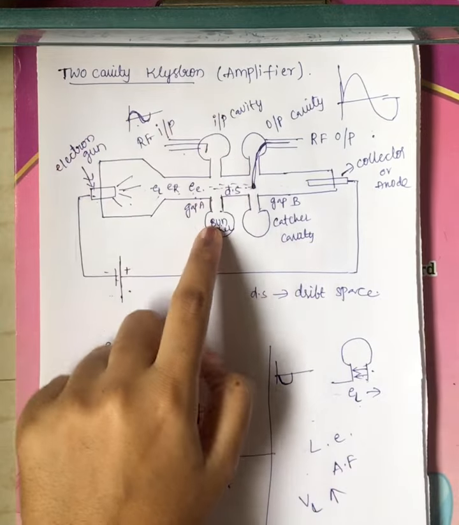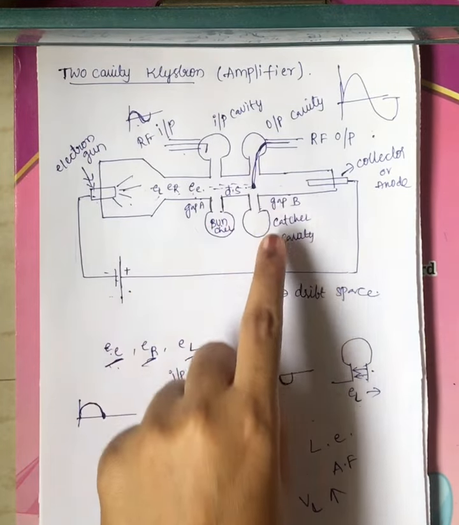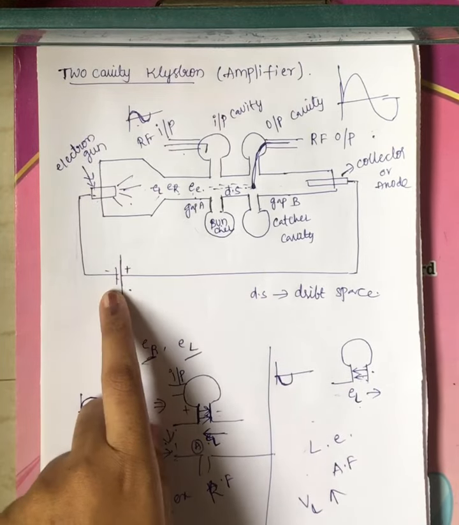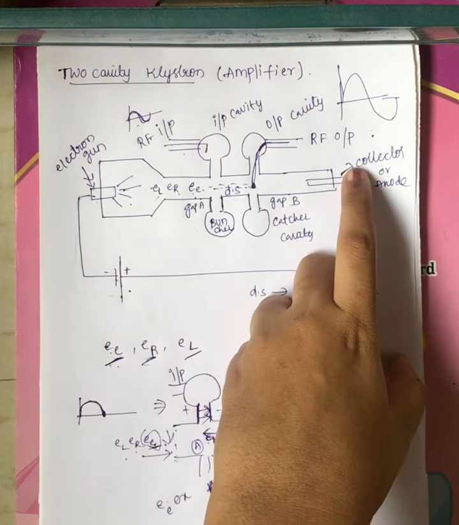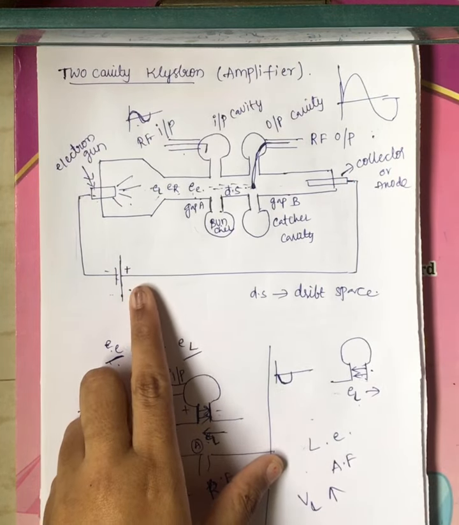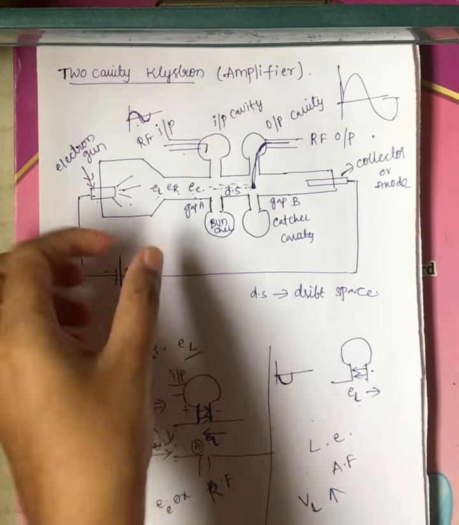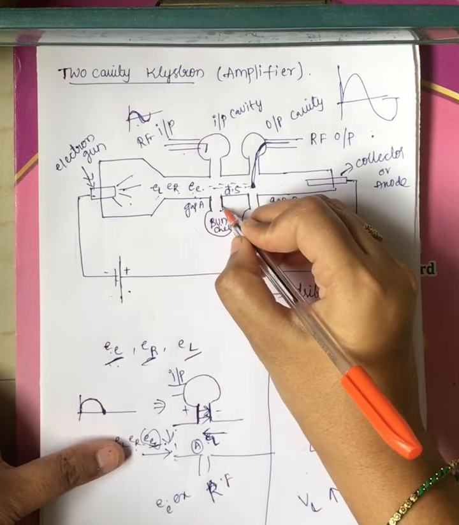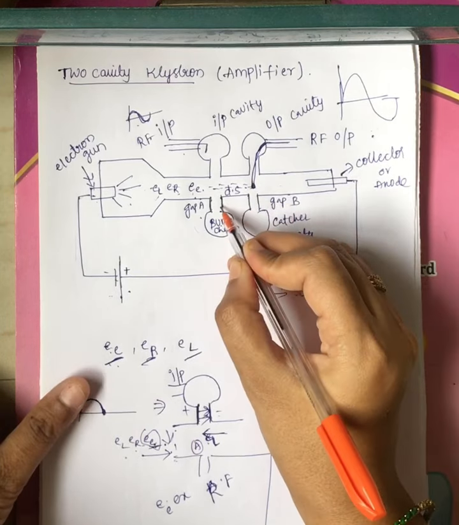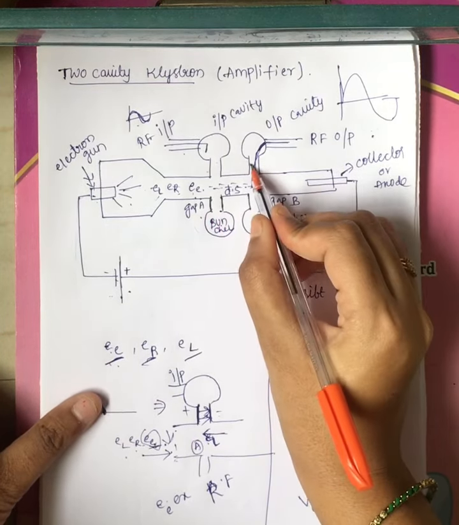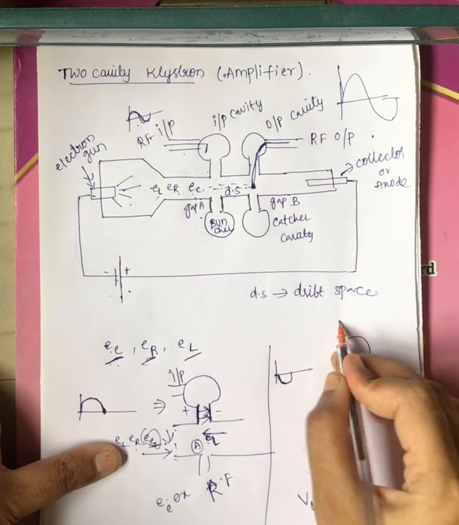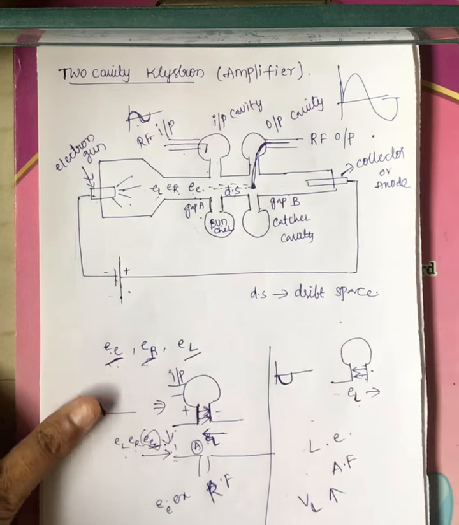Input cavity or buncher cavity are both the same, output cavity or catcher cavity are both the same. The electron gun is connected to the negative terminal of the battery, and the collector or anode is connected to the positive terminal of the battery. The gap between these two grids is gap A, and this is gap B, and the space between the input cavity and output cavity is ds, the drift space. This is about the structure.